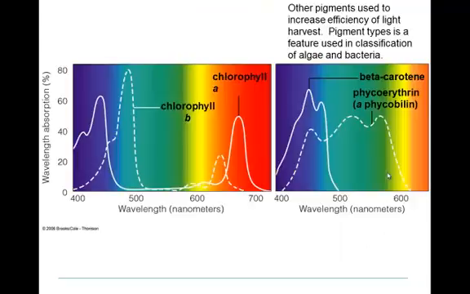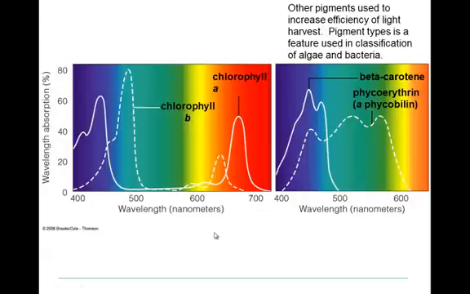And so here we can see in the absorption spectrum on the left, we can see the chlorophyll A and chlorophyll B, and notice they have different peak absorptions. And here's beta carotene. This one, phycoerythrin, is kind of a rare one. This is actually a pigment that's found in a red algae from the ocean. Kind of interesting. If you ask me in lab, I can show you that red algae. It's kind of cool.